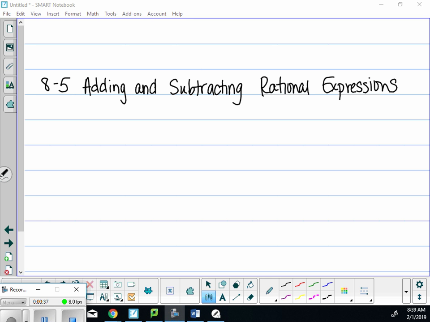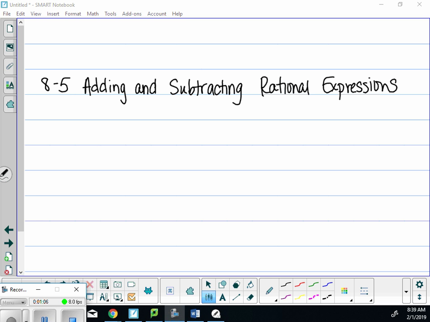So adding and subtracting fractions is more complicated than multiplying and dividing. So we have to have a common denominator when we try to add or subtract fractions or rational expressions. So the first thing that we need to talk about is finding least common multiples so that we can find least common denominators.